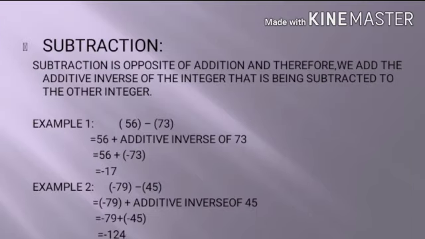Operation on positive and negative integers under subtraction. Subtraction is the opposite of addition, and therefore we add the additive inverse of the integer that is being subtracted to the other integer. What is the additive inverse?